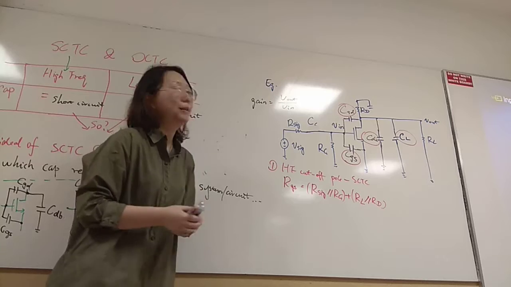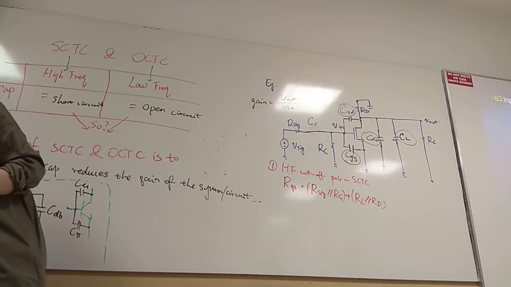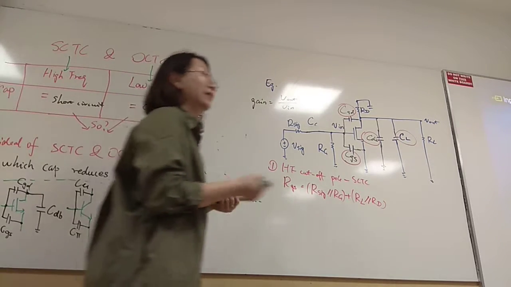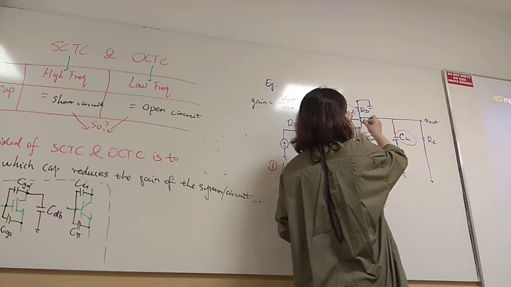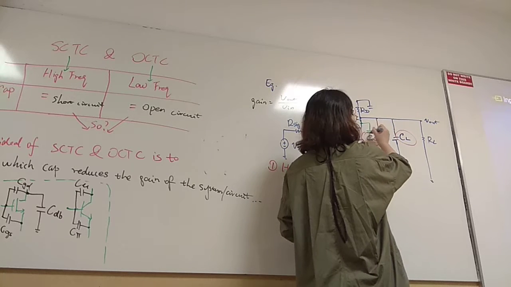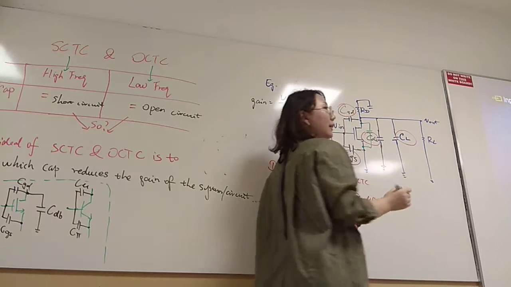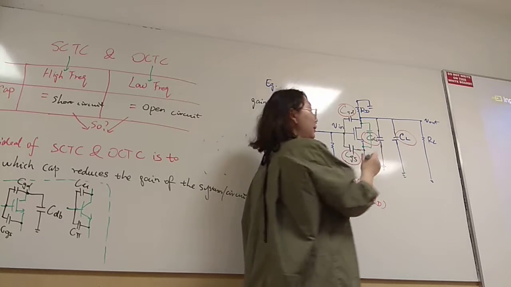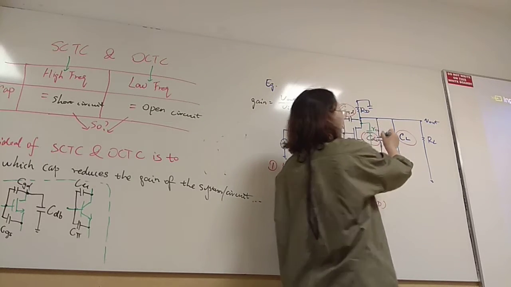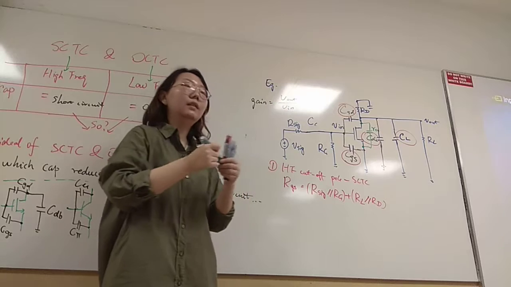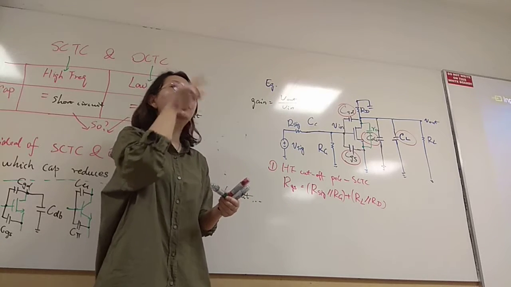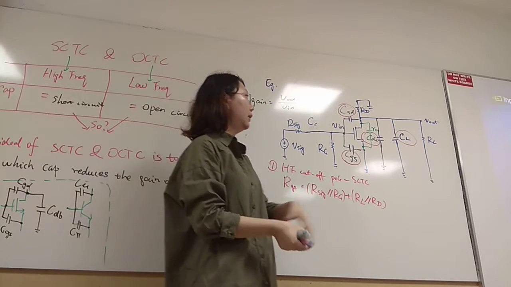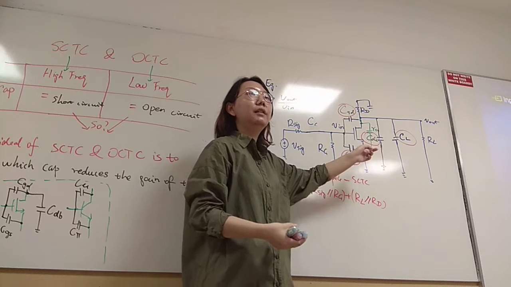When we talk about Rout, you need to remember that between D and S of your MOSFET, there is always an Rout. If you draw the hybrid pi model, there is an Rout between the D and S, right?